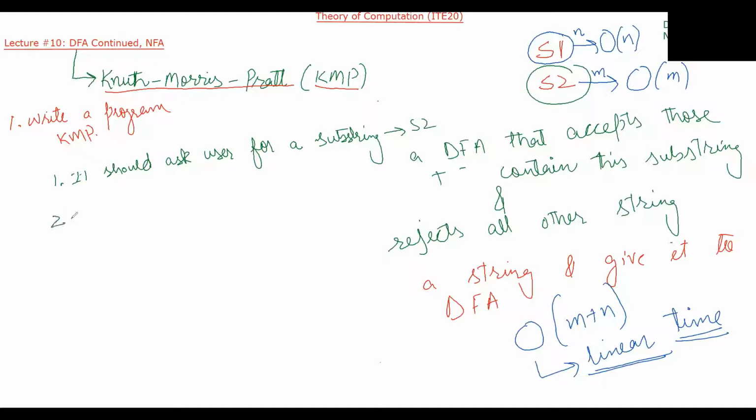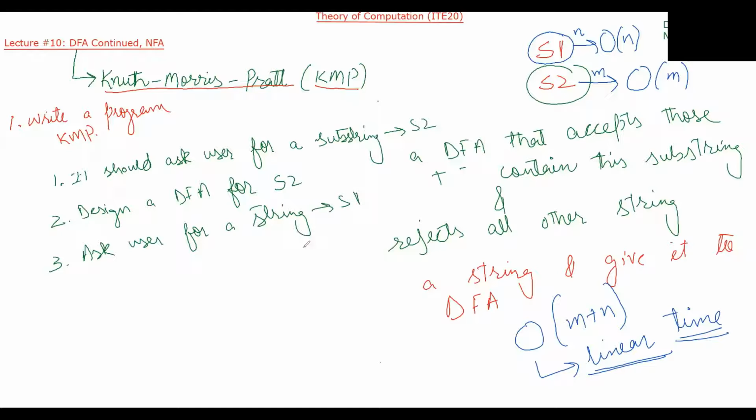Then second, design a DFA, or we can say you should have a function, and that function should design a DFA for s2. Okay, so that is the second. Third, ask the user for a string s1. Okay.